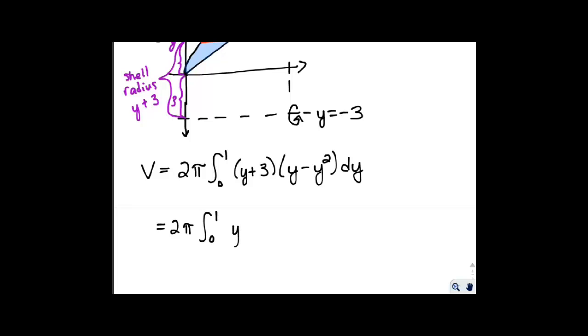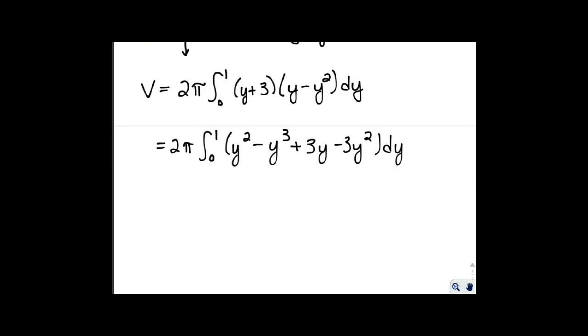Y times y gives me y squared. Y times y squared gives me minus y cubed, plus 3y minus 3y squared. So we can combine a couple of terms before we integrate if we want to. I think it'll make it easier. So 2 pi times the integral from 0 to 1 of y squared minus 3y squared is negative 2y squared, minus y cubed plus 3y dy.